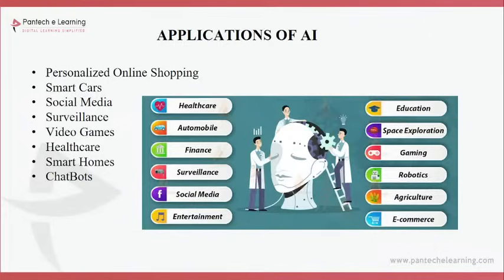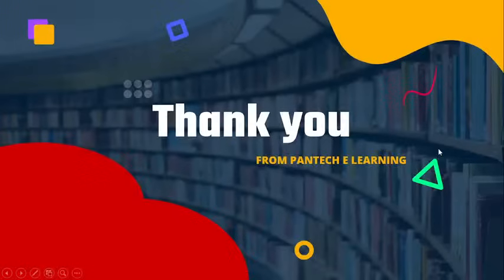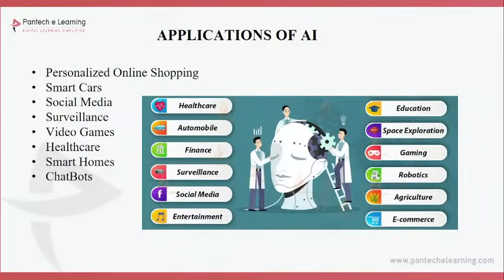And then gaming. You all know about gaming, PUBG, Free Fire. Here we are using AI only, and AR/VR. Nowadays gaming is most popular. And robotics. When we started AI, we all thought about robots only.